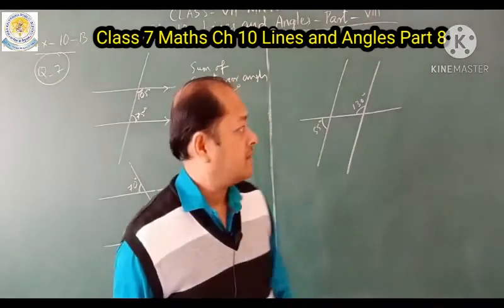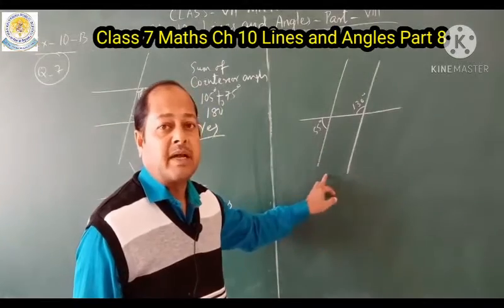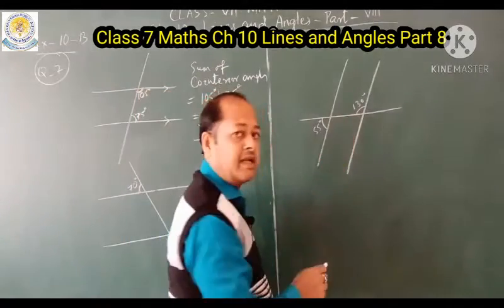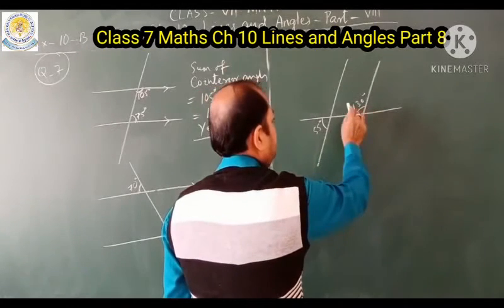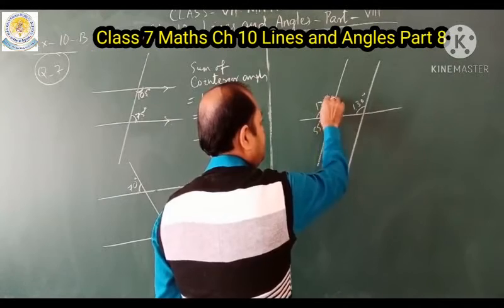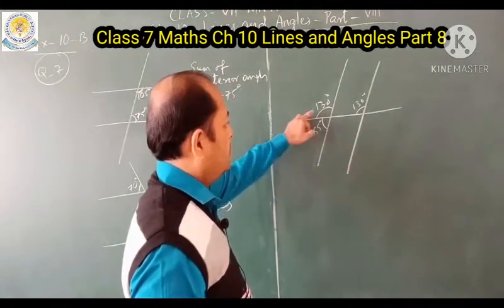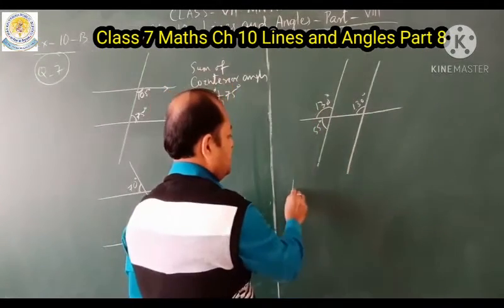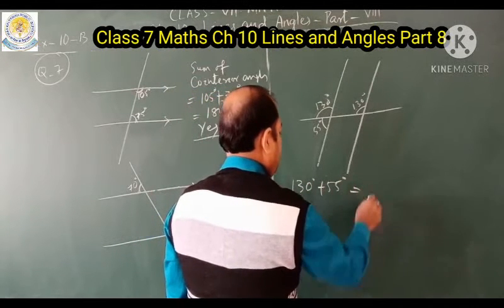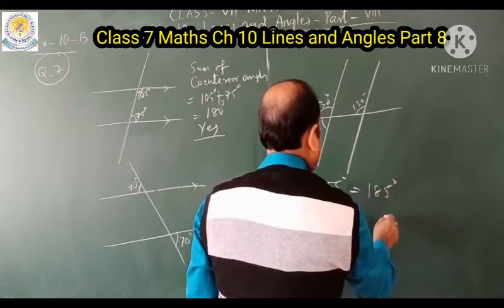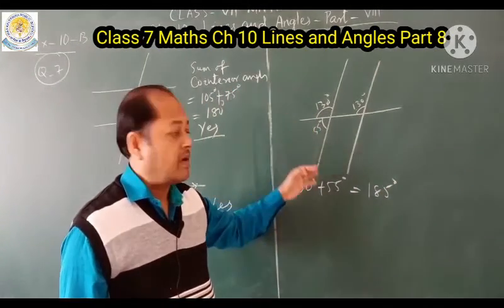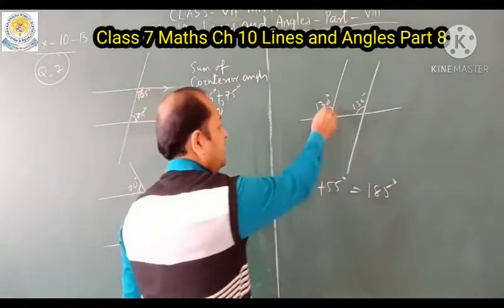In the third figure, we have to prove whether these two lines are parallel. If they are parallel, then 130 and this angle must be the same. Now 130 degrees plus 55 degrees will be 185 degrees. But it should be 180 degrees, because these are a linear pair.